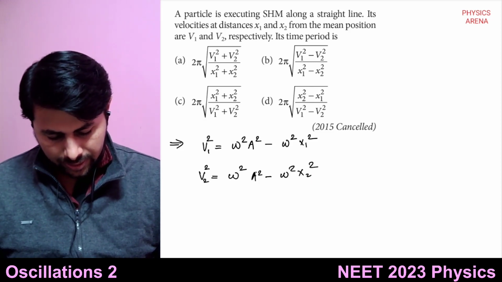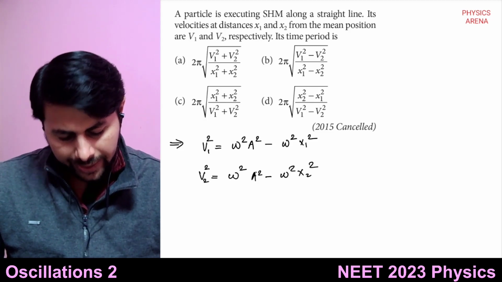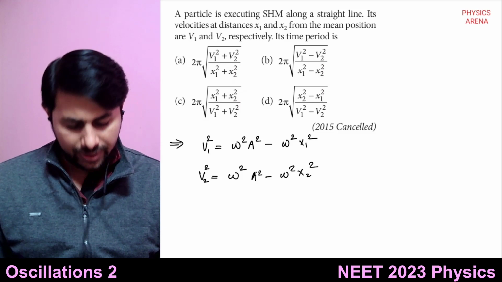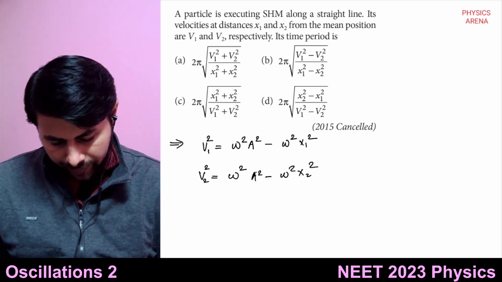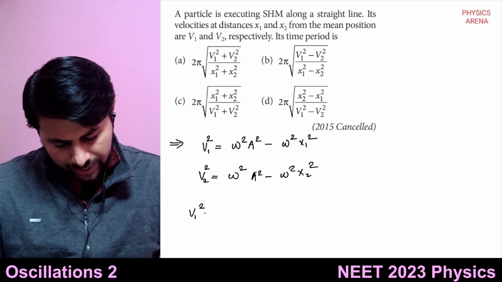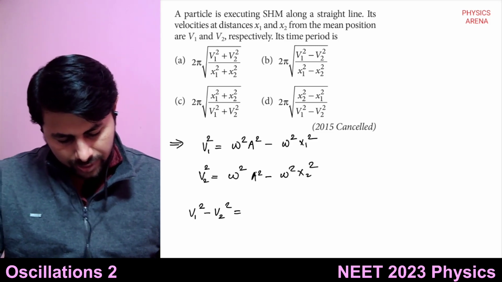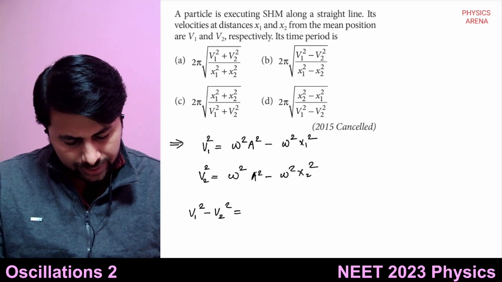Now we want the time period. And see, there is no A in the final expression, so we can get rid of it. We just have to subtract these equations. Subtracting, what do we get? v1 square minus v2 square equals, so here this thing and this thing will get cancelled out.